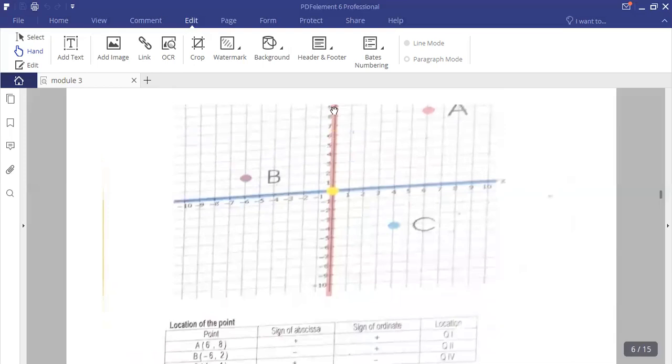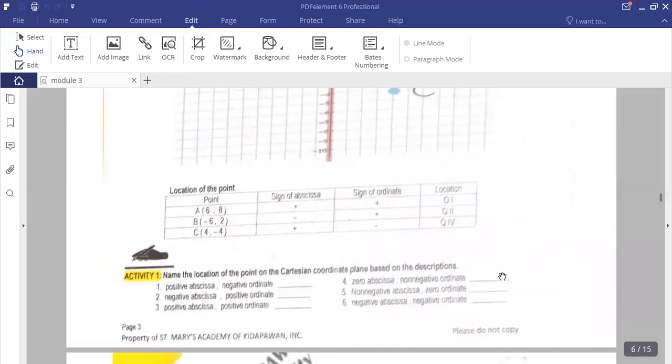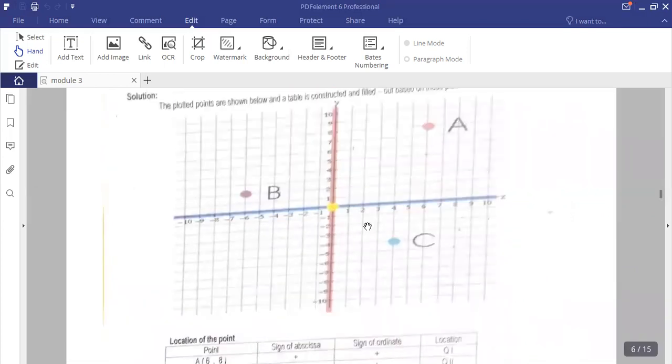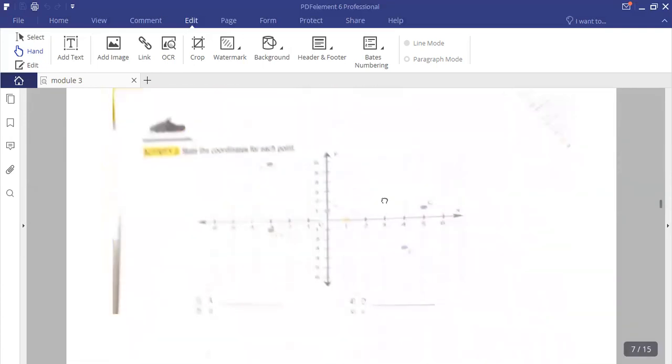It refers to this only. So the answer here is the positive y-axis, or the positive side of the y-axis, because it only refers to this. It doesn't go to quadrant 1 or 2, but only to this line, right? Because the abscissa is 0. Okay, so I hope you understand.